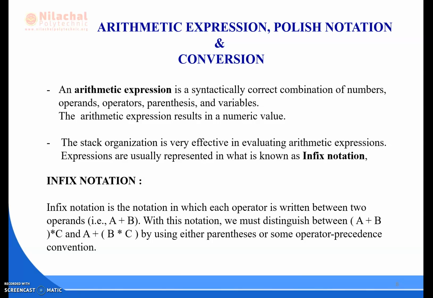With this notation we must distinguish between two different forms of writing. If we see a plus b multiplied by c, we will get two different values depending on the parentheses. If a plus b is written in brackets multiplied by c, its value is different from when b multiplied by c is written in brackets with a plus.